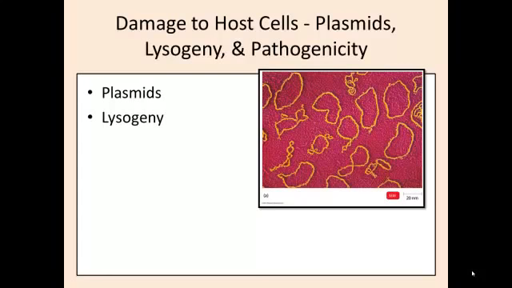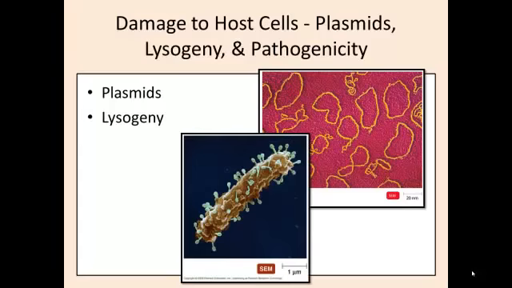So let's go on to lysogeny. Lysogeny deals with viruses. Some viruses, when they inject their DNA into a bacterium, rather than cutting up the bacterial chromosome and killing the bacterium, they insert their DNA into the bacterial chromosome. Then when the bacterial chromosome replicates, it makes more of the virus. The virus spreads slowly through a population, not causing any harm, but itself is being replicated.